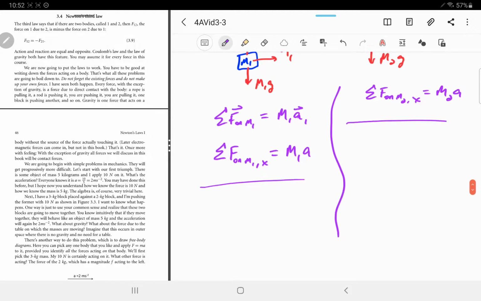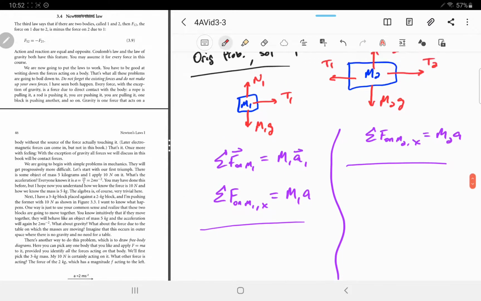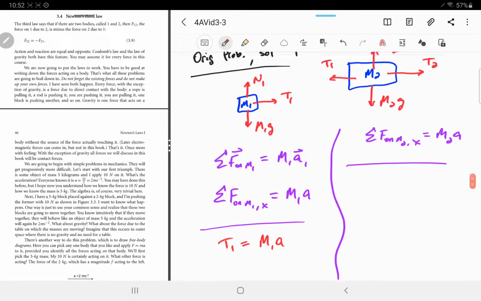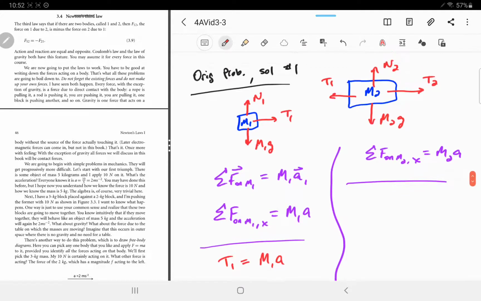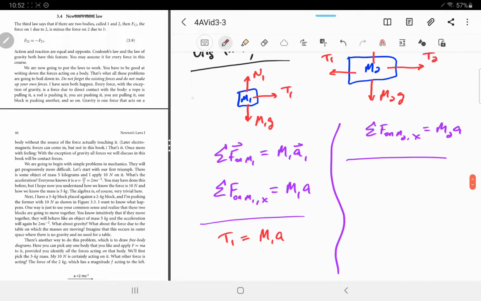Okay, so for the forces on M1, looking at the x components of all the forces, there's only the tension. So T1 is equal to M1A. Looking at the left again, M1 has only a rightward force acting on it, so the acceleration we definitely know is to the right. So we're going to call this the plus x direction, and then A is positive.